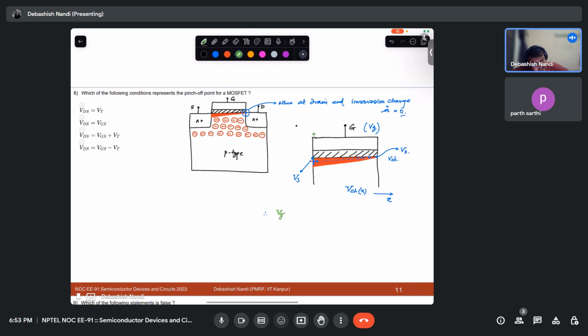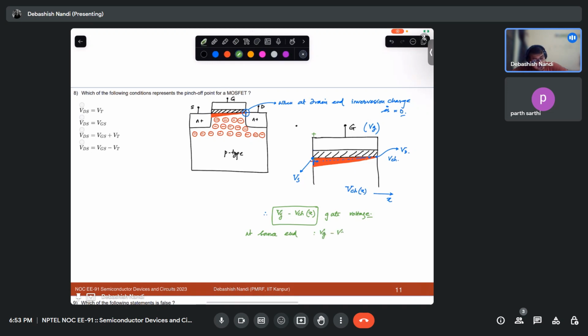Basically VGS minus VCH(x). This is the effective gate voltage. So at the source end it is what?